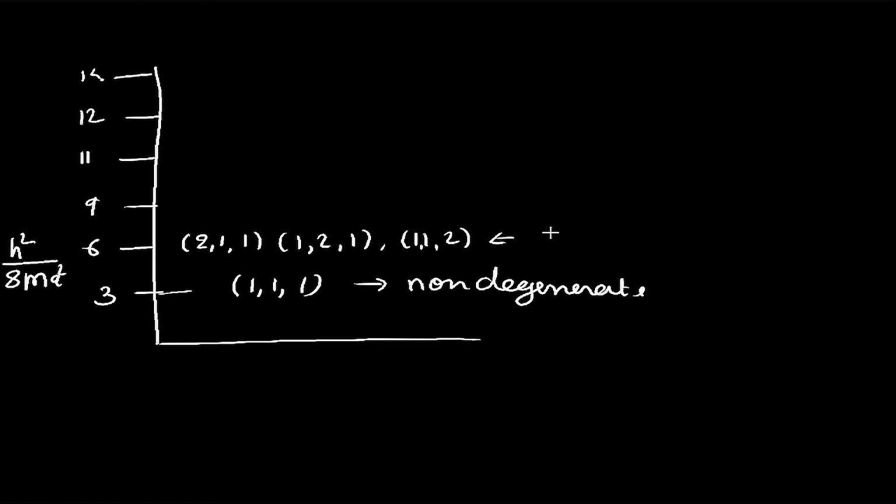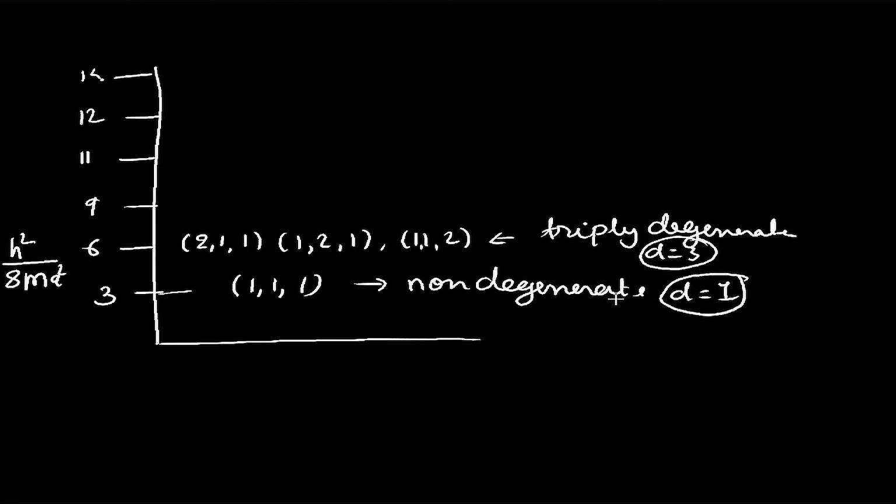So this state is triply degenerate, or three-fold degeneracy, and hence the degeneracy of this state is 3. The degeneracy of the first state will be 1, as it is non-degenerate, so we have only one state.